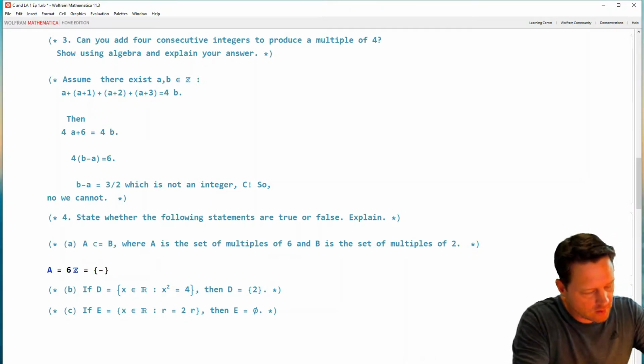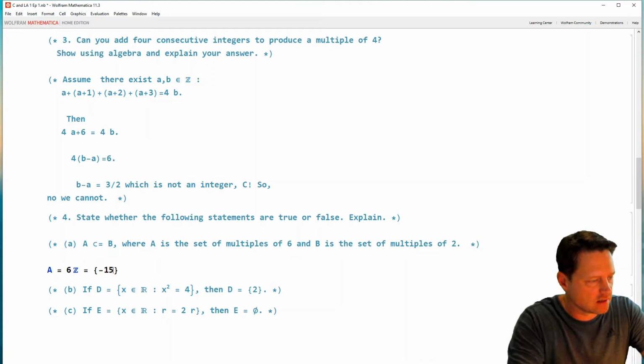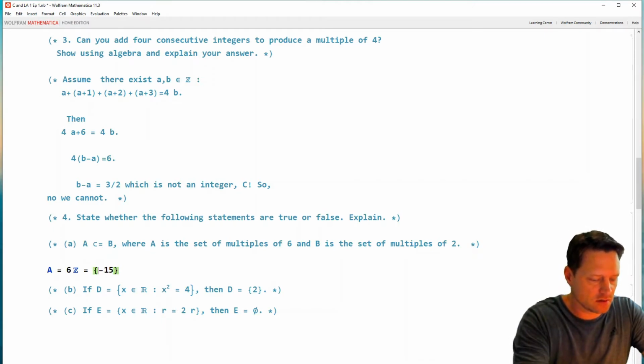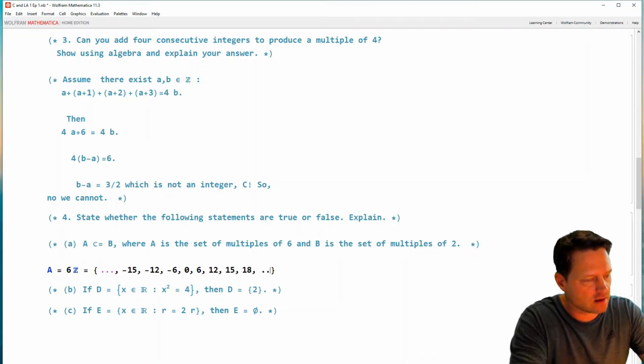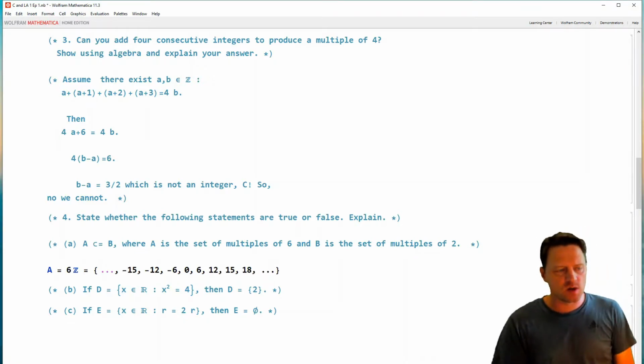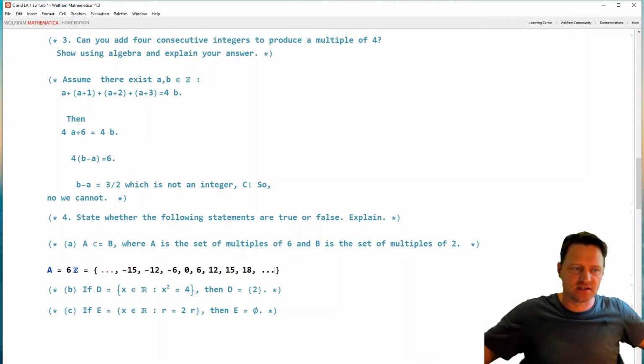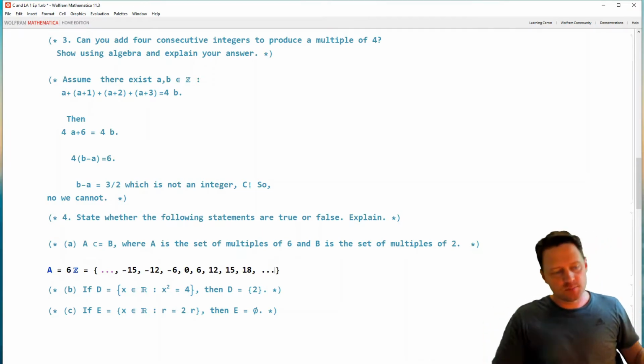So if we've got minus 15 in it, so dot, dot, dot, comma, minus 15, then minus 12, then minus 6, then 0, then 6, then 12, then 15, then 18, and then dot, dot, dot. So these are the multiples of 6 going in both directions. Minus infinity, plus infinity.